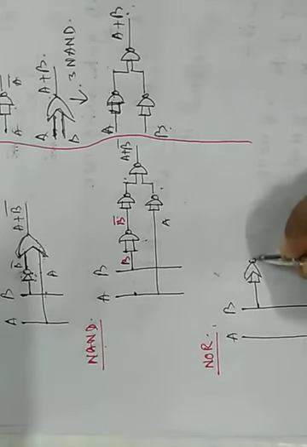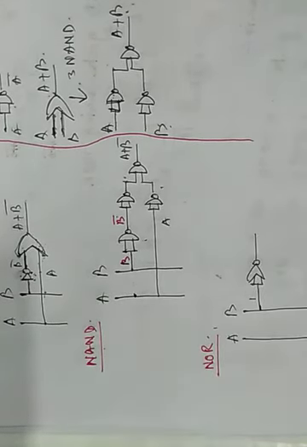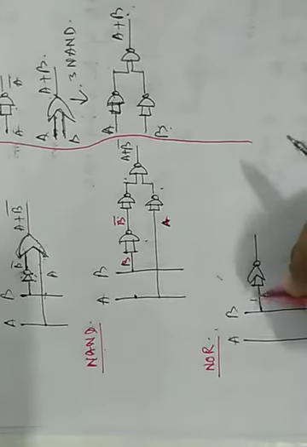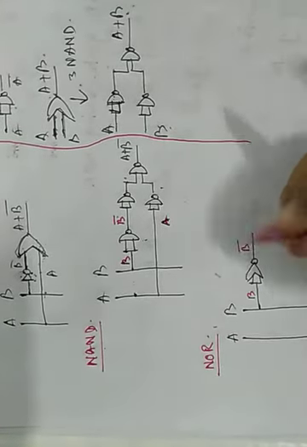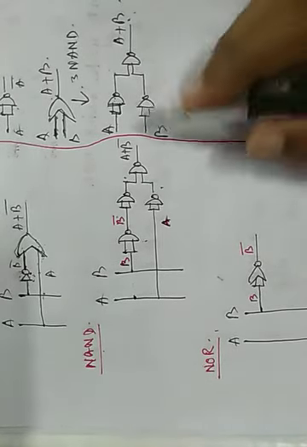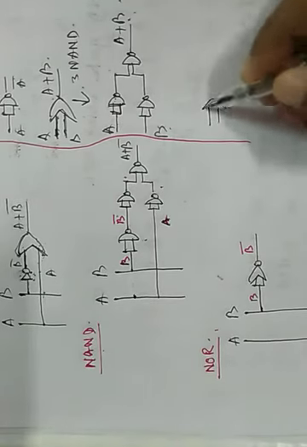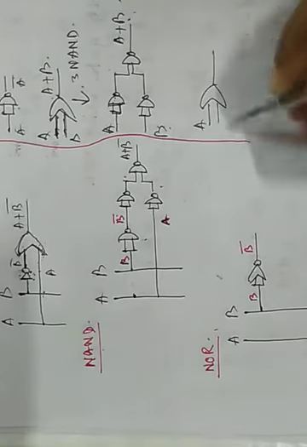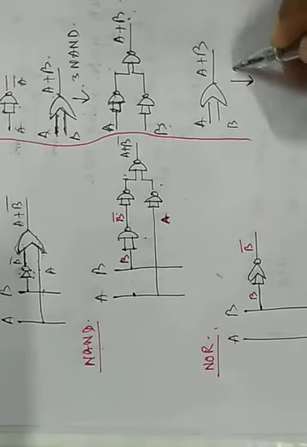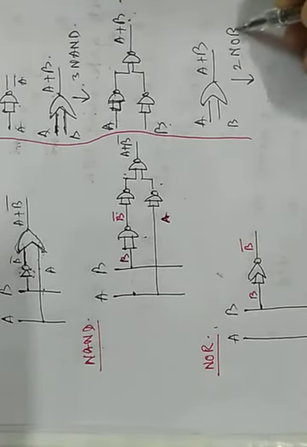We know that NOR gate must be used like this. A, B, B bar. Okay. Now we know that for OR gate operations, when we use NOR gate, we need two NOR gates.